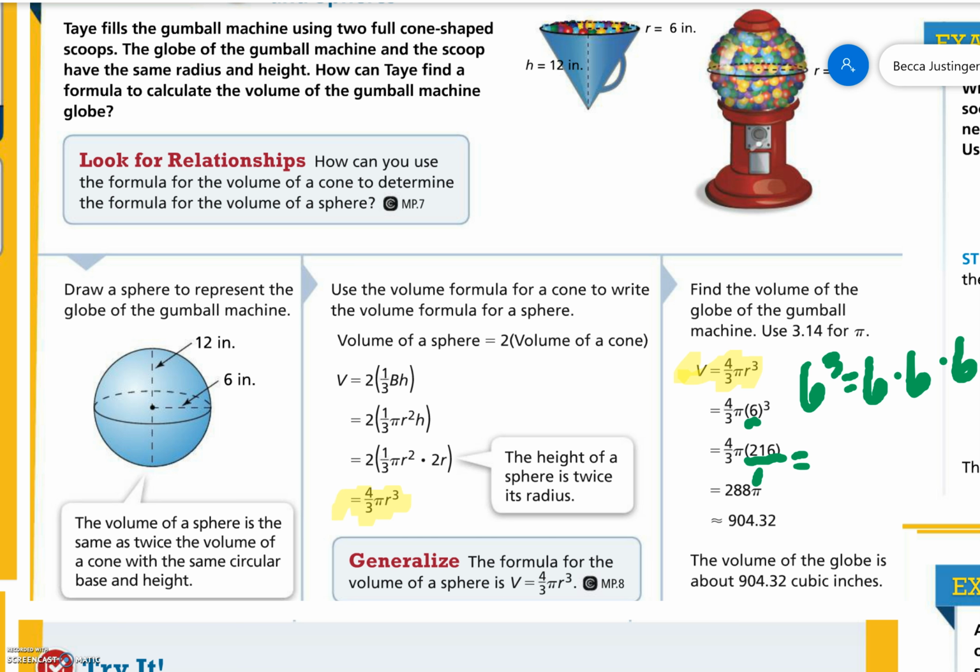So 4 times 216 is 864. 864 over 3 times pi. And then if you do 864 divided by 3, that gives you 288 pi. Using 3.1 for pi, we get 90.32 cubic inches.